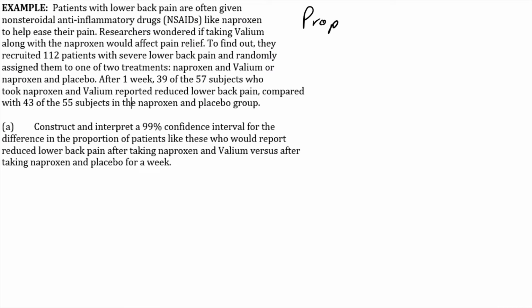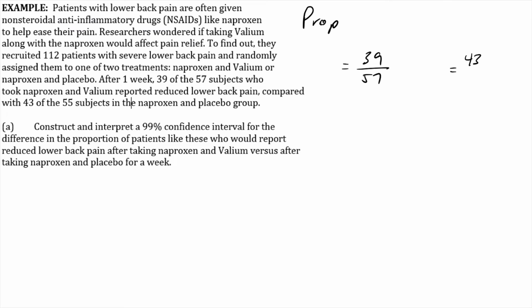We have 2 proportions. What's one proportion that we have? The proportion of patients that reported reduced lower back pain after taking naproxen and Valium. Yeah, that's going to be later on. But I'm talking about just stuff we're pulling in here. 39 out of 57, that's one of them, right? And then 43 of 55.